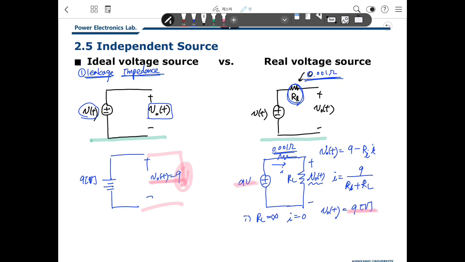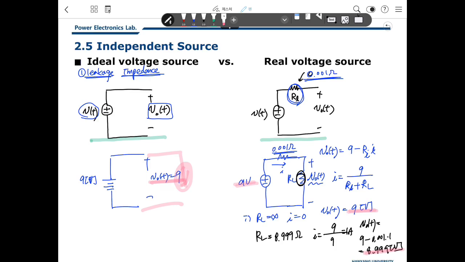But if RL, for example, is 8.999 ohm, then I is 1 amp. Then how much is VT? 9 minus 0.001 multiplied by 1, which means this is not 9 volts.